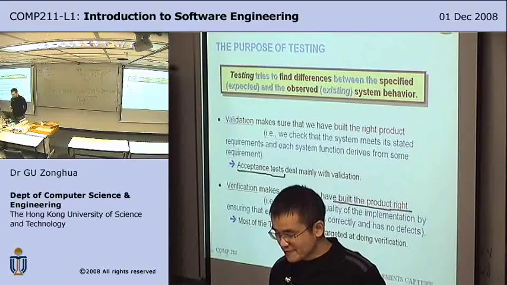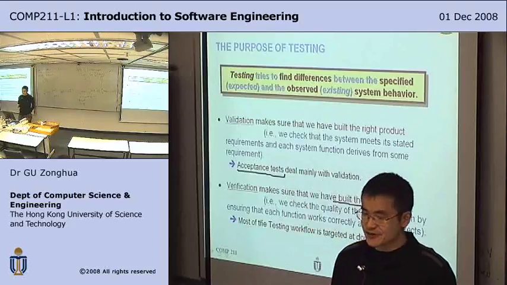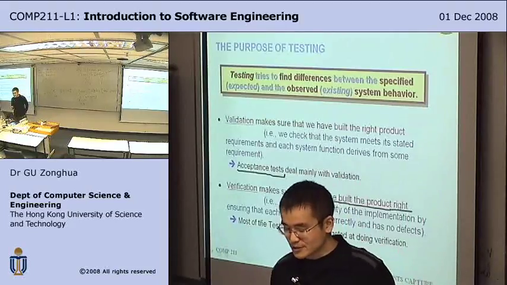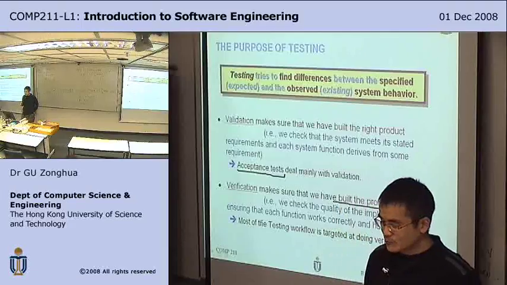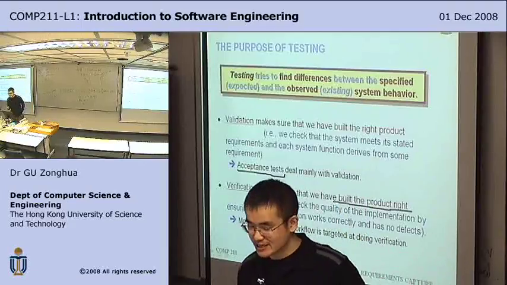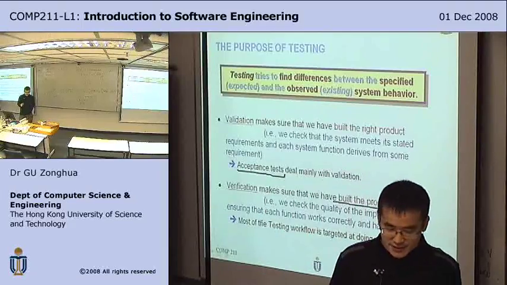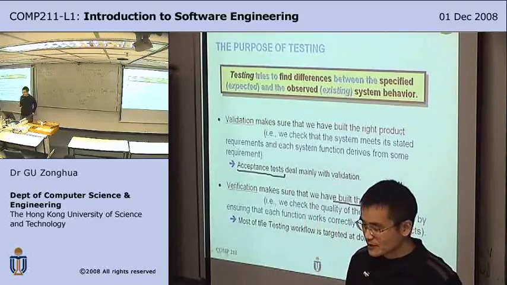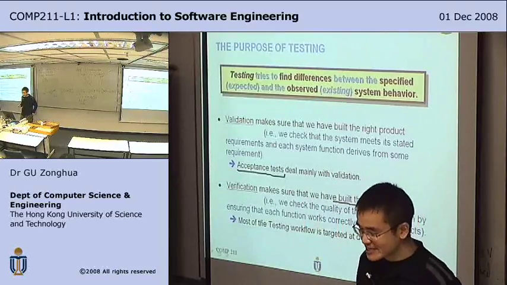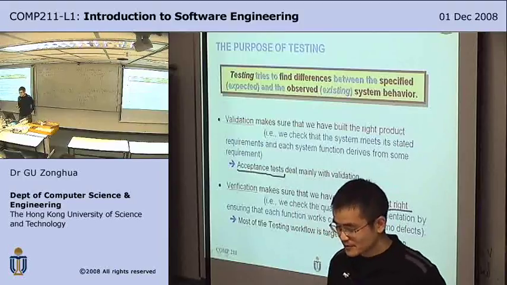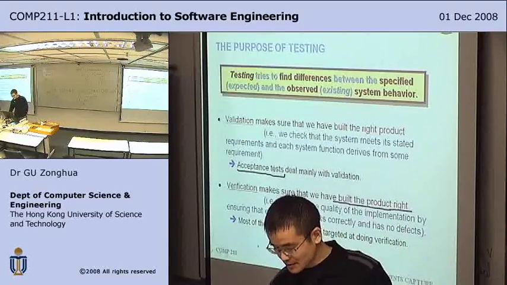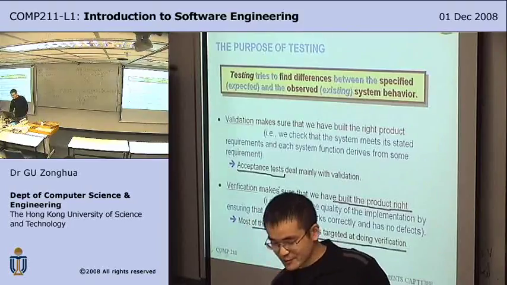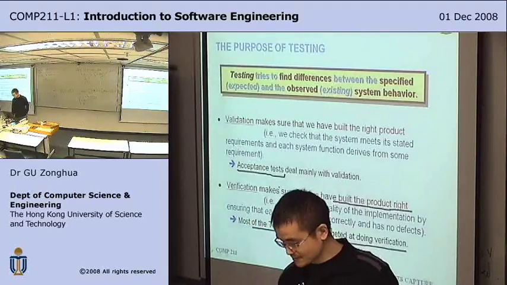You can have a perfect bug-free system that doesn't fulfill your user's requirements. Then it has passed verification but didn't pass validation. You can have a system that fulfills all the requirements but it's full of bugs. Then it has passed validation but didn't pass verification. So all the other testing deals with verification, but only acceptance testing deals with validation.